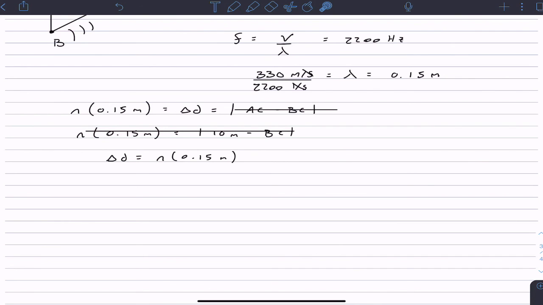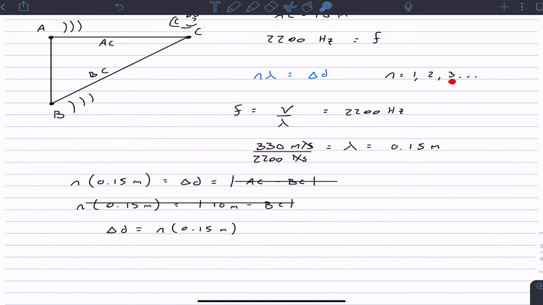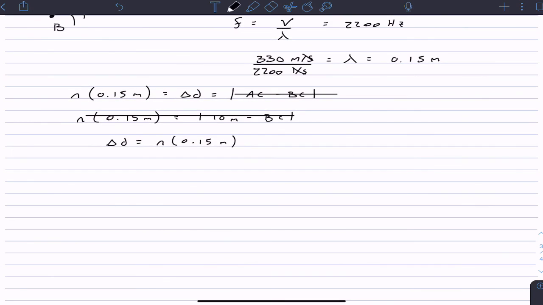Okay, so pretty much all we've got to do is plug in integer values for n, which could be 1, 2, 3, 4, 5, and so on, and then see what we get. So let's do that. The difference in distance for n equals 1 is 0.15 meters. Is that an option? No, it's not. So let's try again. We'll call that D1. D2 is 2 times 0.15 meters, also not an option.